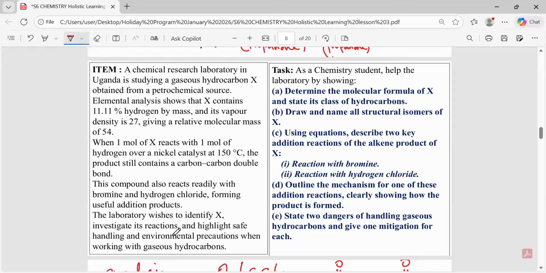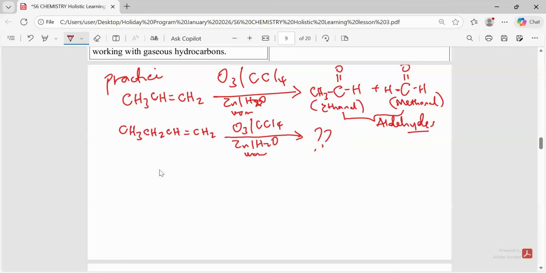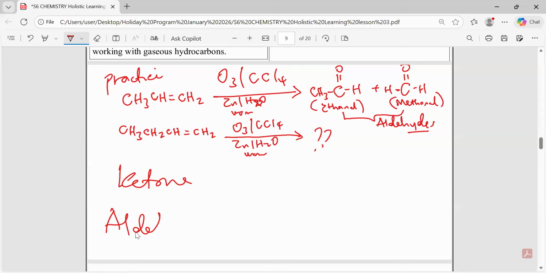Excuse me, teacher. Jackson, yes, please. Sir, I was requesting you just help me on how you differentiate between an aldehyde and ketone. Okay. Keep alert. In simple terms, when you talk about a ketone and aldehyde, all these are called carbonyl compounds, and carbonyl compounds have a carbonyl group as a functional group.